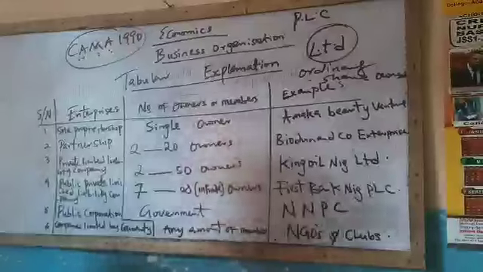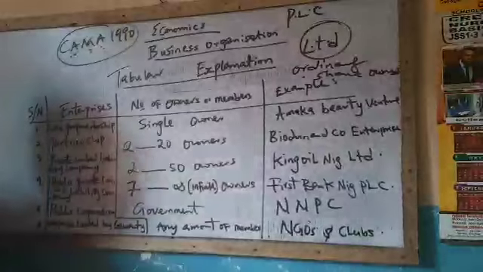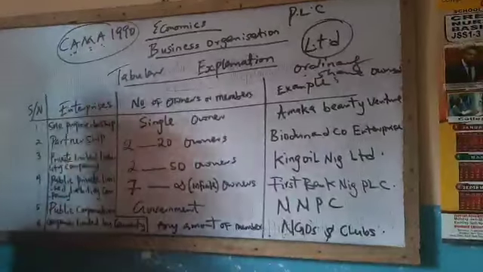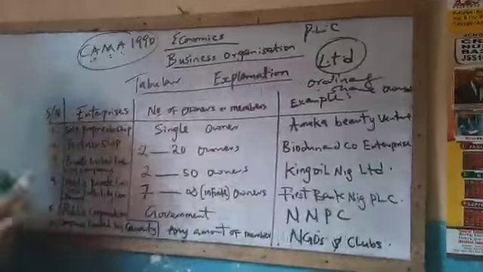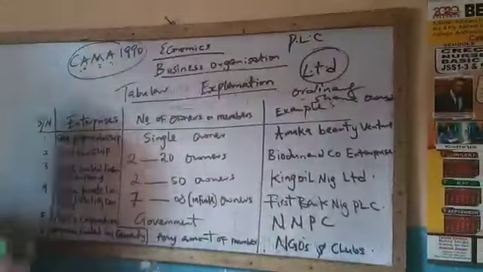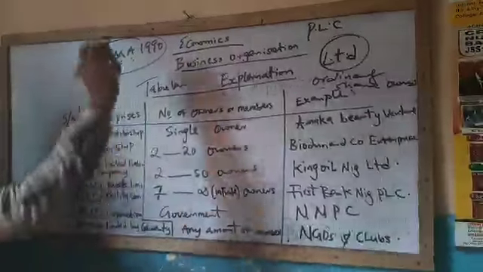Now, these shares can come in 2 dimensions. Remember I told you the shares for a private limited liability company are only ordinary shares. We only have ordinary shareholders in a private limited liability company. But in terms of a public limited liability company, we have what?